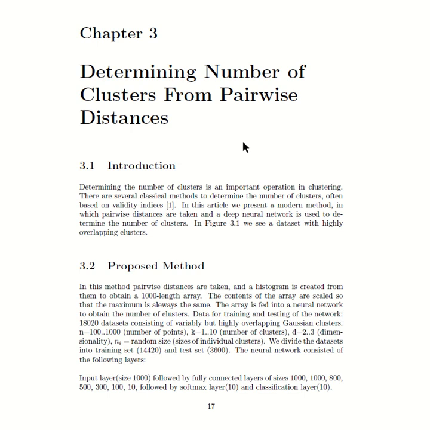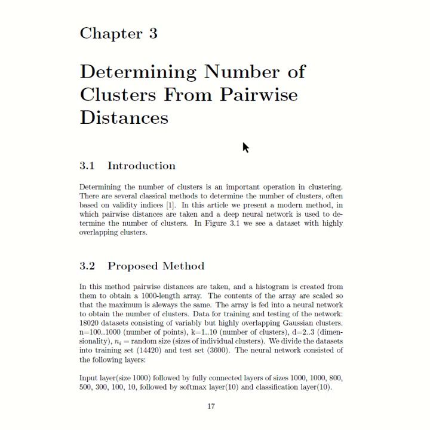We can take pairwise distances, Euclidean distances between the point pairs and make a histogram of those and make it so that there are 1000 bins in that histogram, and those bins will be the input for a neural network.